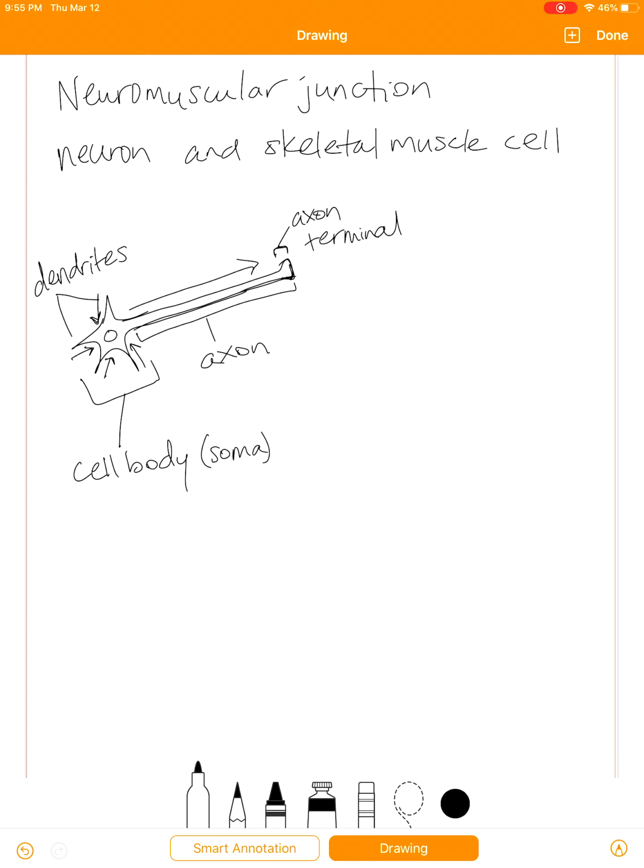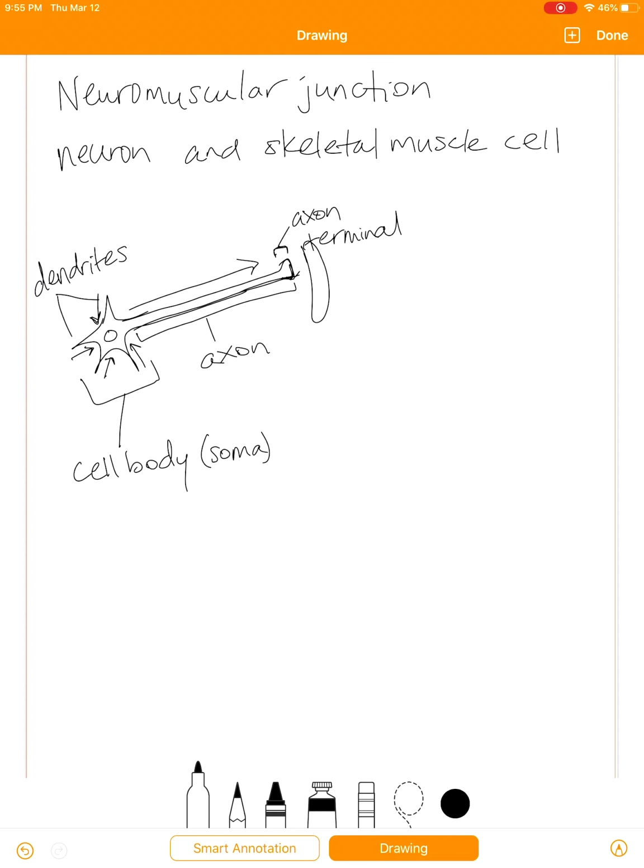Okay. Now the axon terminal of a neuron can form what's called a synapse with many different types of cells. A lot of times they synapse with other neurons, so it may look something like this, where you have another neuron kind of sticking off the end there. But in this case, when we're talking about the neuromuscular junction, what you're actually going to see synapsing here, forming a connection, is a skeletal muscle cell.